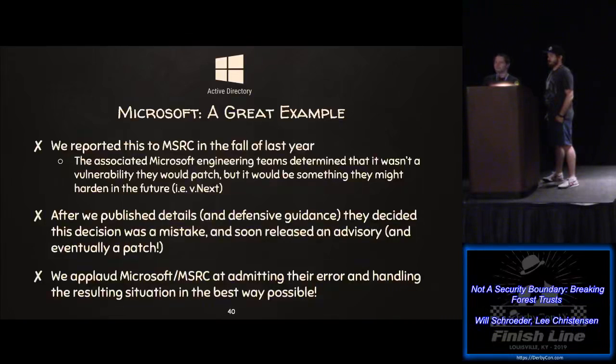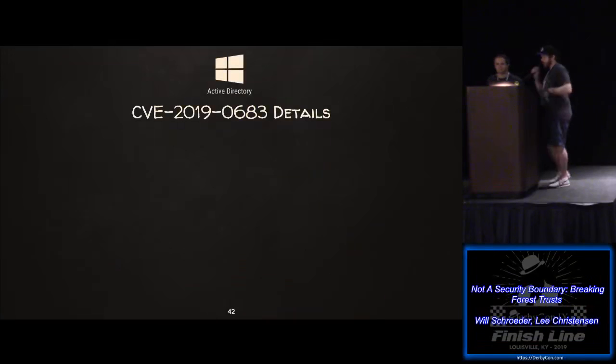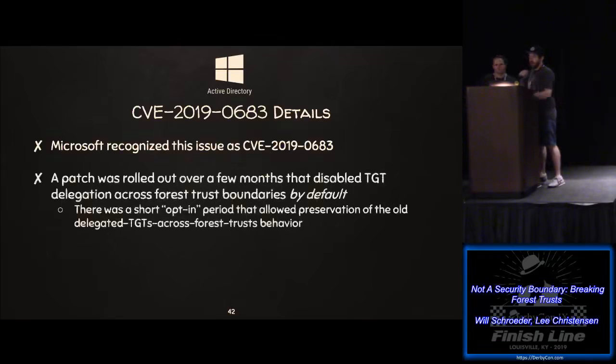While we didn't agree with their initial assessment, we do applaud Microsoft for actually admitting their error and handling it. They ended up coming up with a really good patch, which we're going to talk about. But to their credit, they did admit it and owned up to the mistake. And so in March of this year, that's where CVE-2019-0683 came, talking about how there's an elevation of privilege between Active Directory forests.